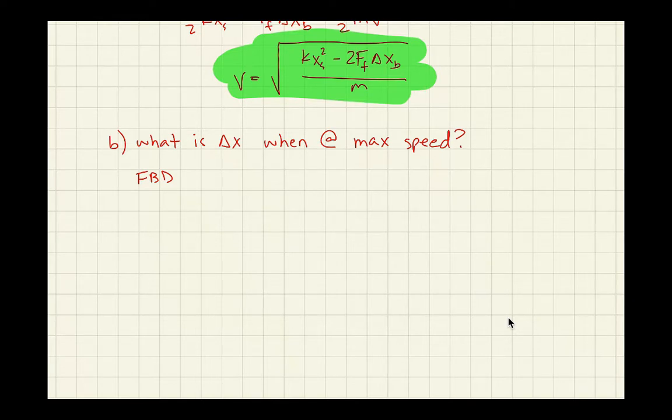And then the frictional force stays the same. So initially, the instant the ball starts to move, this is what its free body diagram looks like. And I'm going to omit the vertical forces here because they're not relevant. So initially, I have a large spring force and a relatively small frictional force. This is going to cause the ball to accelerate.